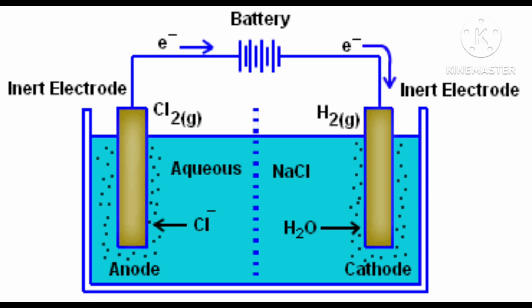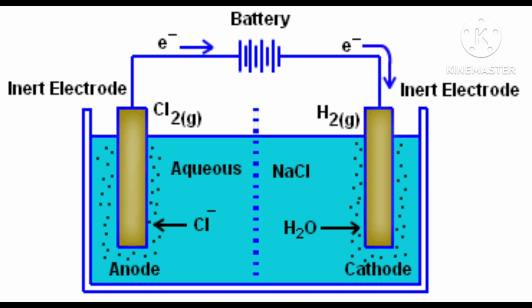Remember, mass per electron is called chemical equivalent, and chemical equivalent is equal to atomic mass divided by the number of electrons required to convert the cation into metal.